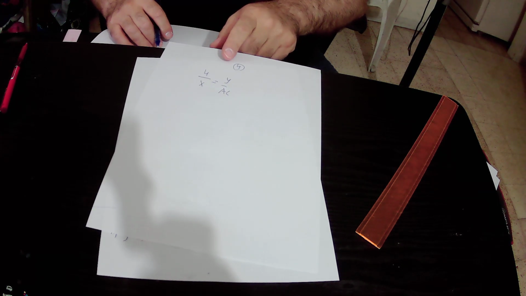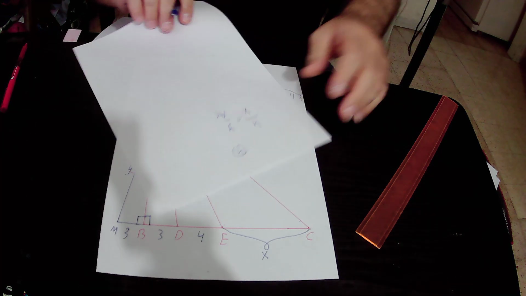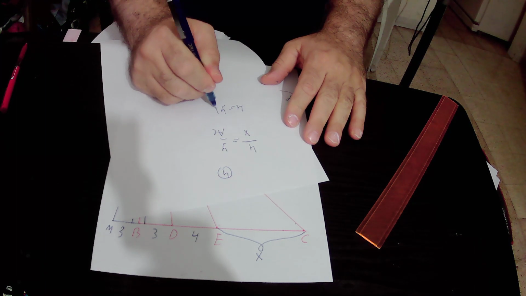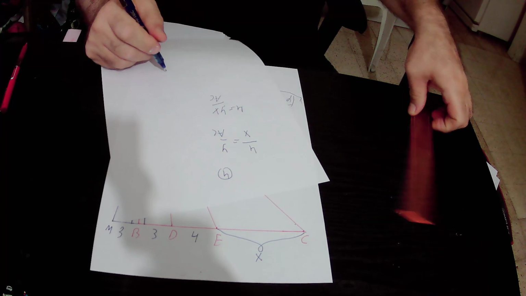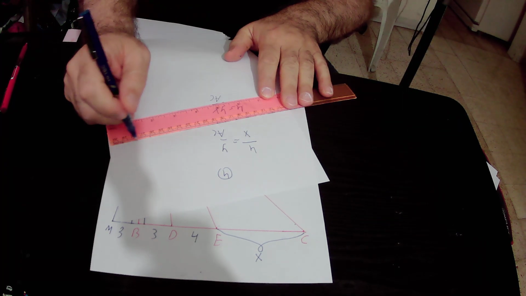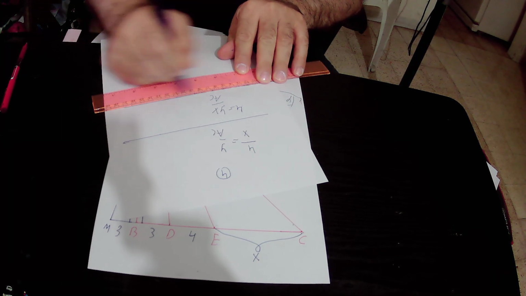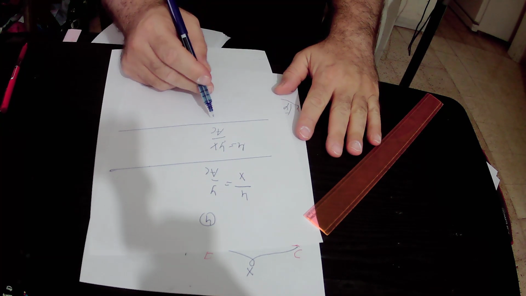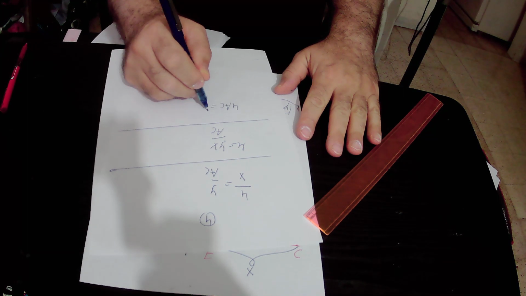Here we will multiply this equality by X, and we will get that 4 equals YX over AC. Here we will multiply this equality by AC, and we will get that 4 times AC equals YX.